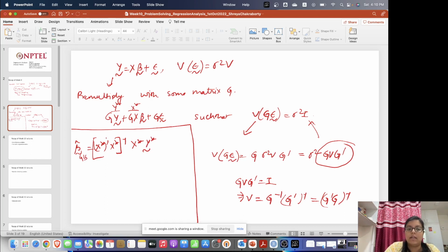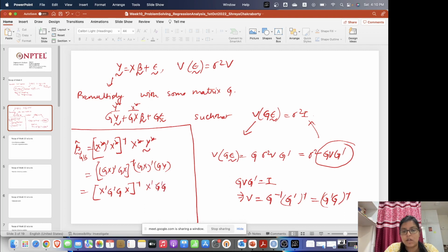If we substitute X star as GX, we get GX prime GX inverse GX prime Gy, which we can write as X transpose G prime G X inverse X prime G transpose Gy, and from here G prime G is nothing but V inverse. So we have X transpose V inverse X inverse X transpose V inverse y.